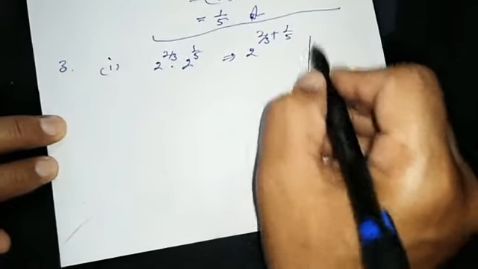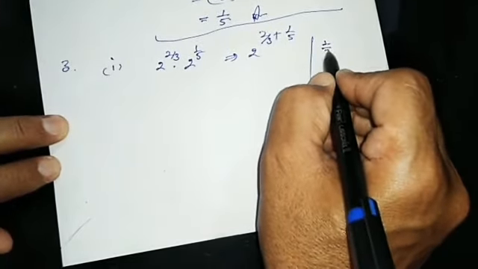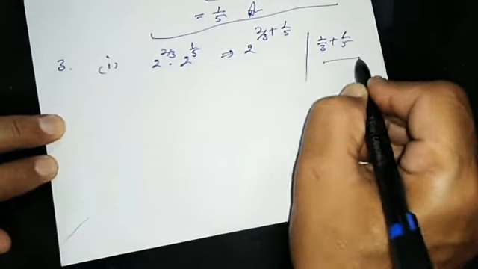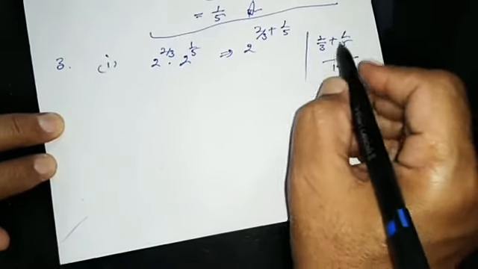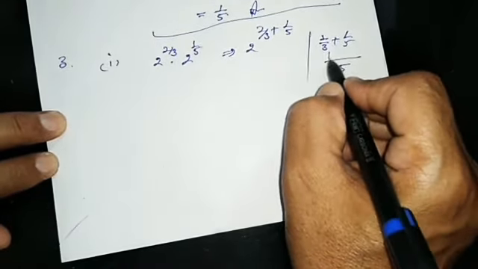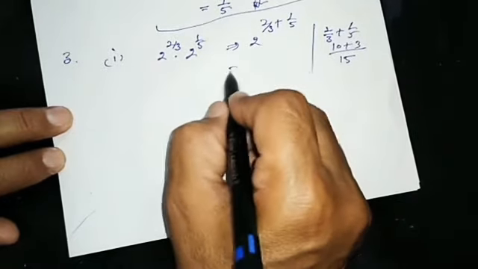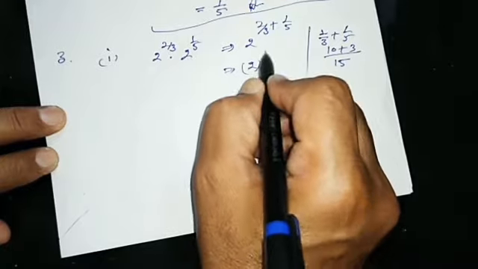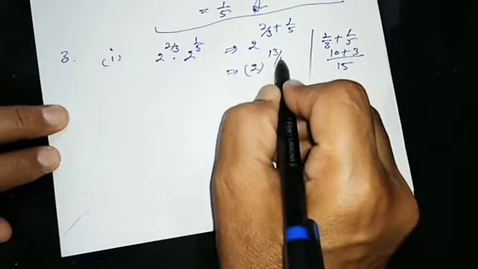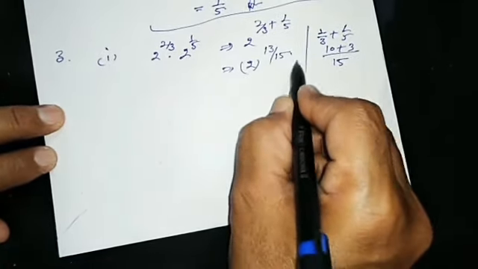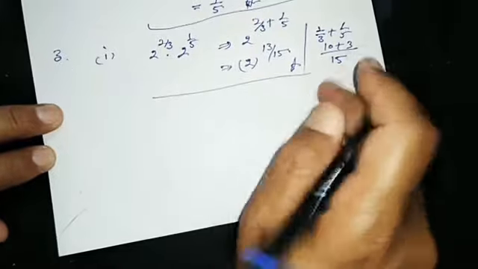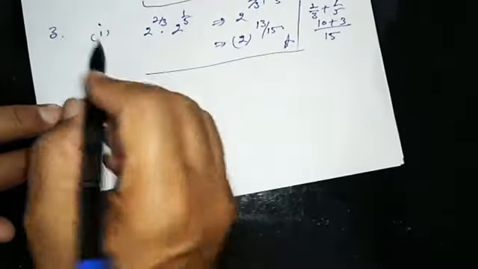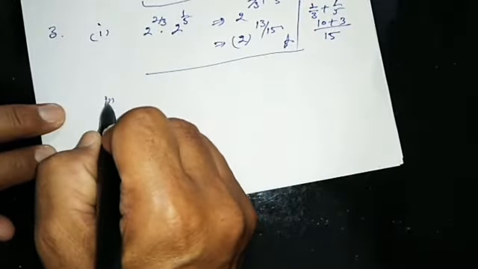You can solve them this way, as in your earlier classes you have done that. 5 twos are 10 plus 3, that would be 13. 2 power 13 by 15, which is positive, so you can end this here.